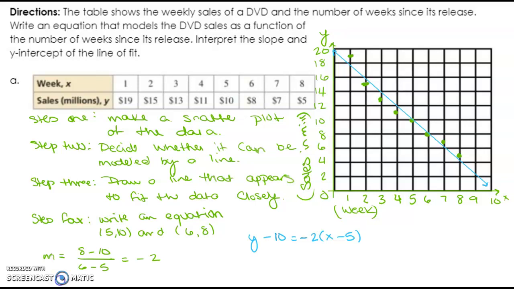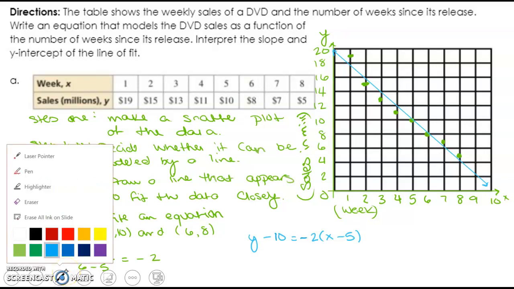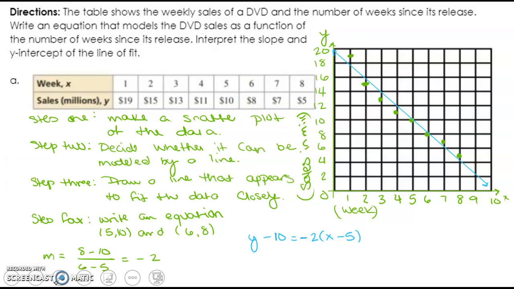To simplify, I need to distribute that negative 2. When I do that, I get y minus 10 equals negative 2x plus 10, because negative 2 times negative 5 gives me 10. Then I add 10 to both sides to get y all by itself. So I get y equals negative 2x plus 20.